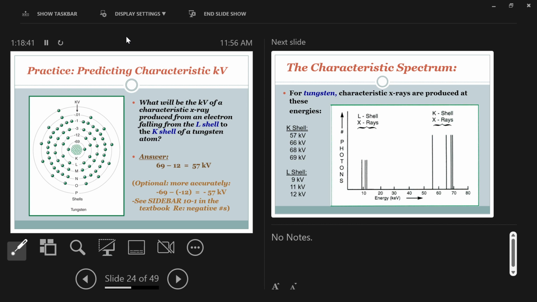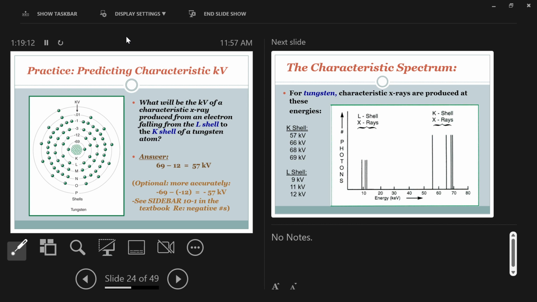So let's say it like this. In order to make K shell characteristic radiation, if I make a setting on my machine below 69 kV, then I cannot make any characteristic K shell X-rays. Because below 69 kV, remember kV is your maximum energy for your projectile electrons, none of the electrons you're sending across that gap will have higher than whatever you set.